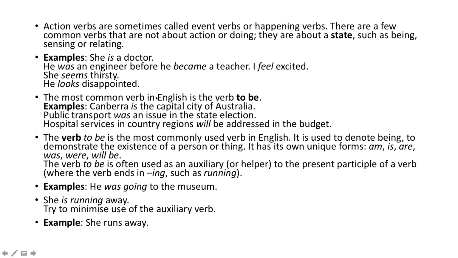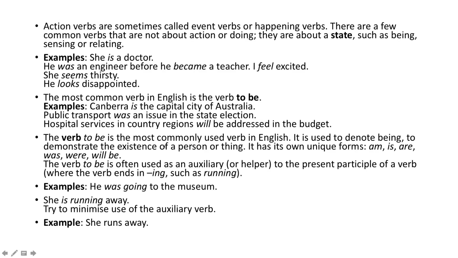The most common verb in English is the verb to be. Examples include: Canberra is the capital of Australia. Public transport was an issue in the state election. Hospital services in country regions will be addressed in the budget.